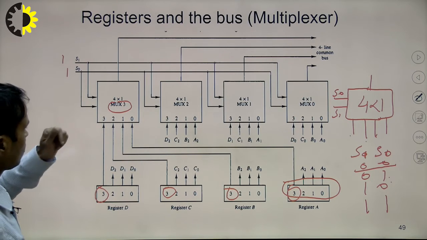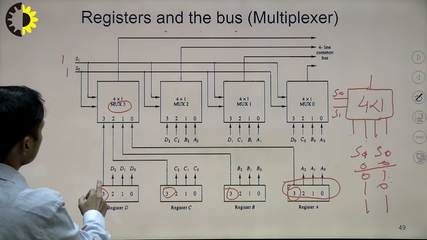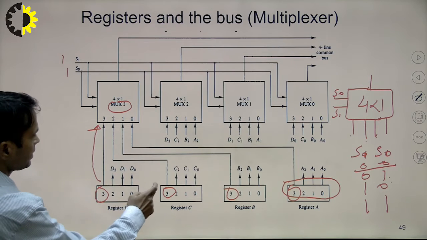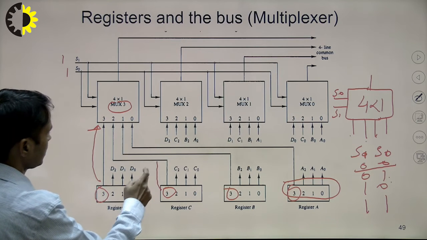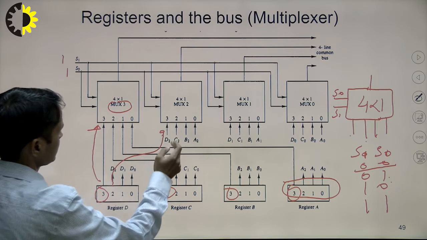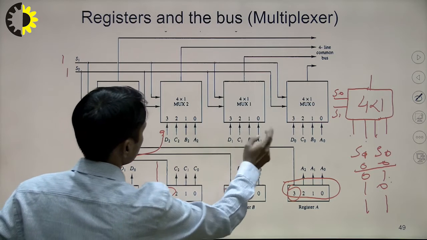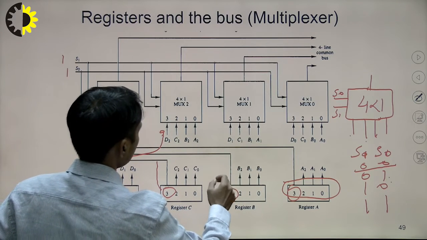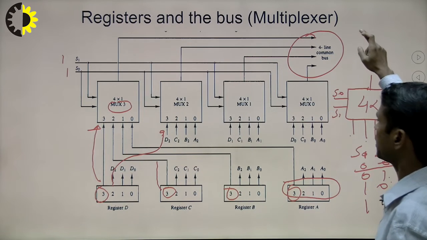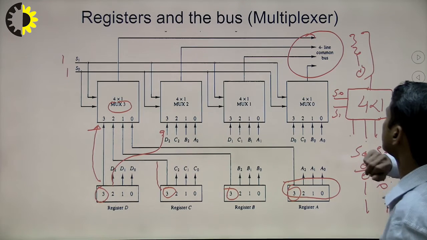So, this multiplexer will select this bit from here and this D2 bit from here, which is third, and this bit from here and so on, and ultimately this whole line will contain the 3 2 1 0 bits of a particular register.